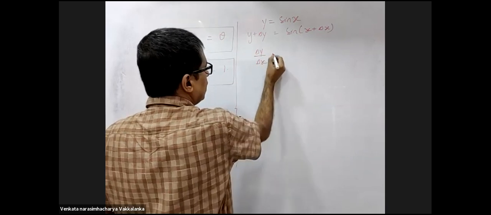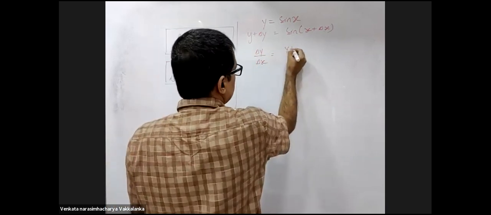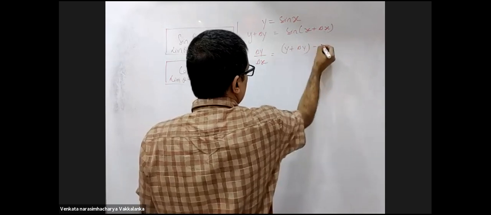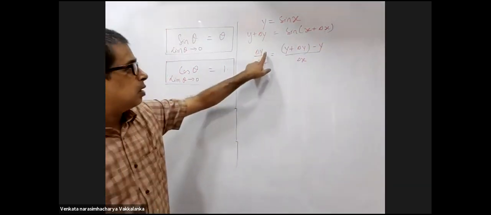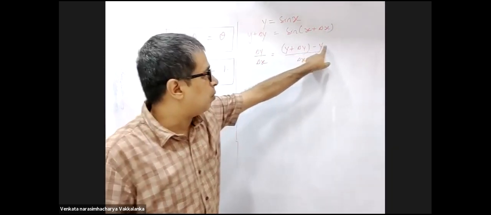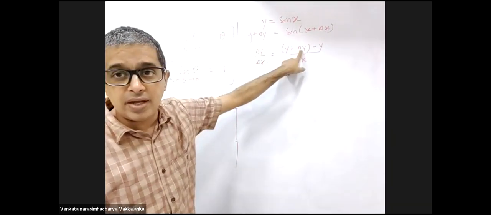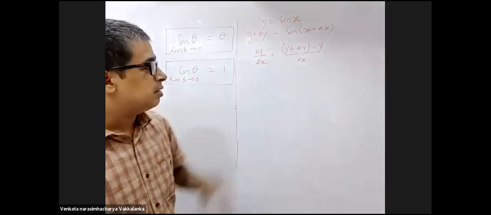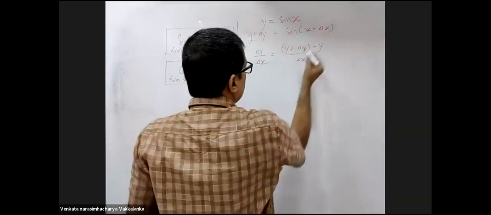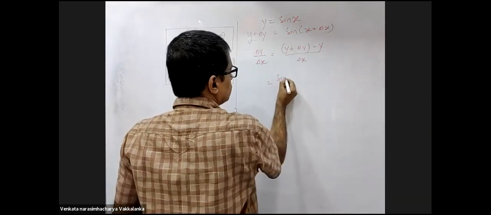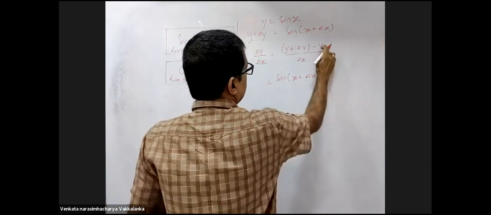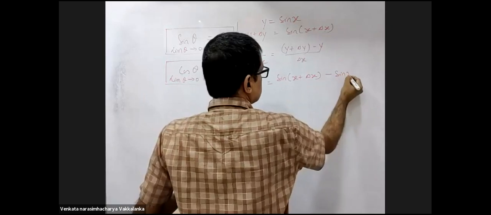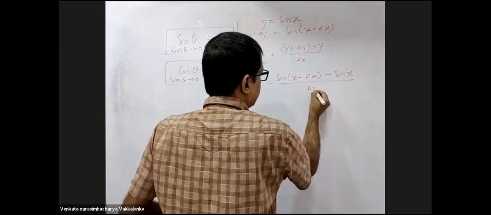Delta y by delta x will be y plus delta y minus y. Will I get delta y here? What is y plus delta y? Sine of x plus delta x. So delta y by delta x is sin of x plus delta x minus sin x, divided by delta x.